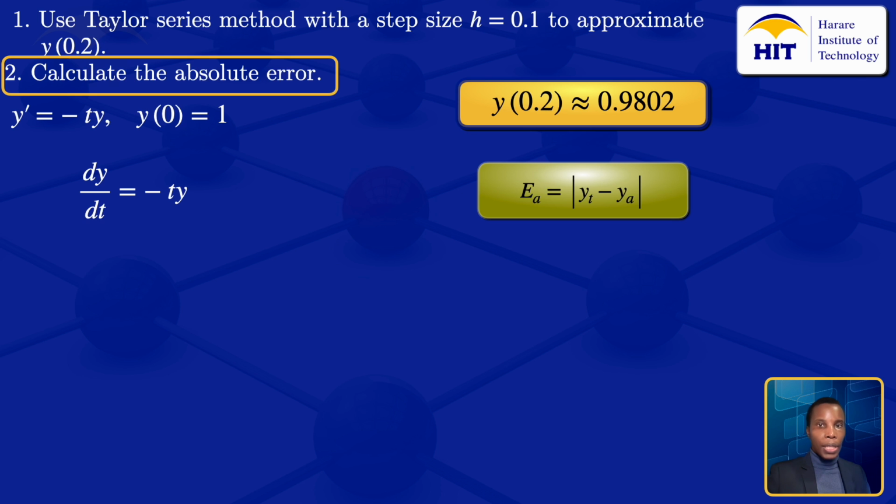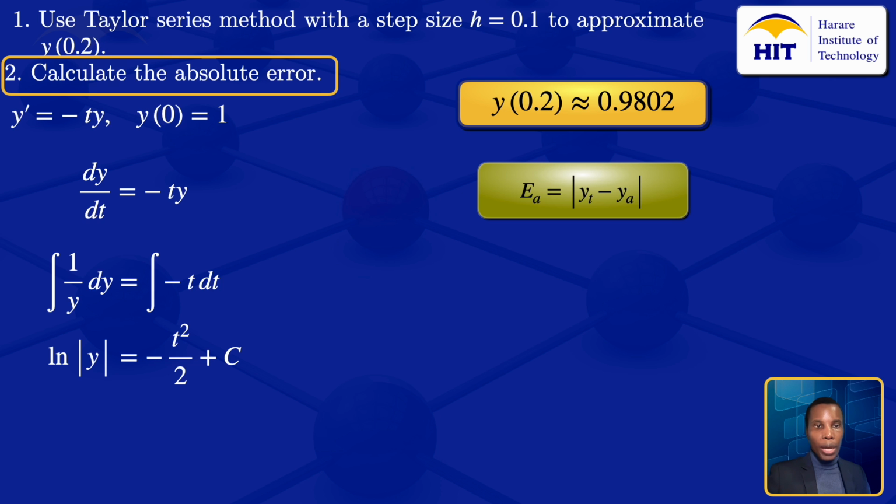And what we would obtain there is the integral of 1 over y with respect to y is equal to the integral of minus t with respect to t. And when we integrate, the result that we get is ln of the absolute value of y is equal to minus t squared divided by 2 plus a constant of integration c.